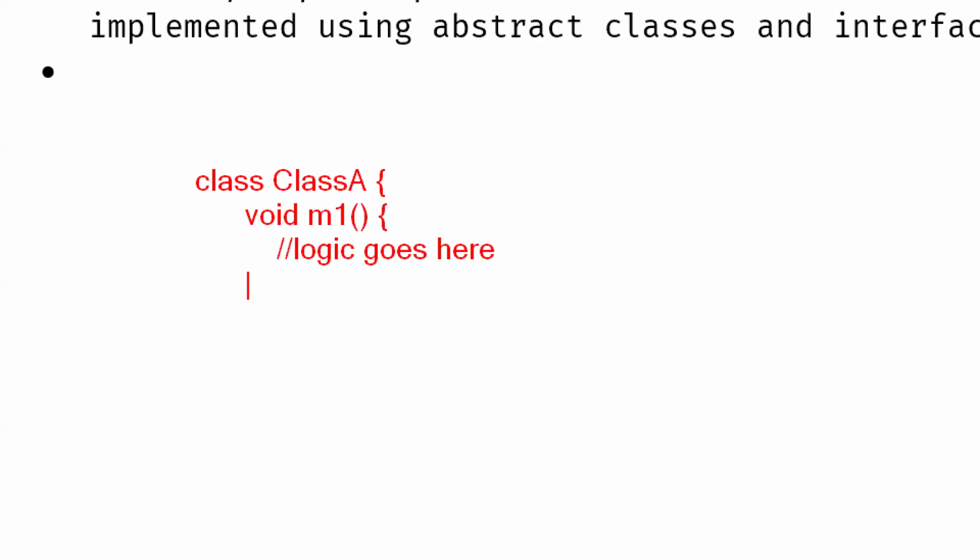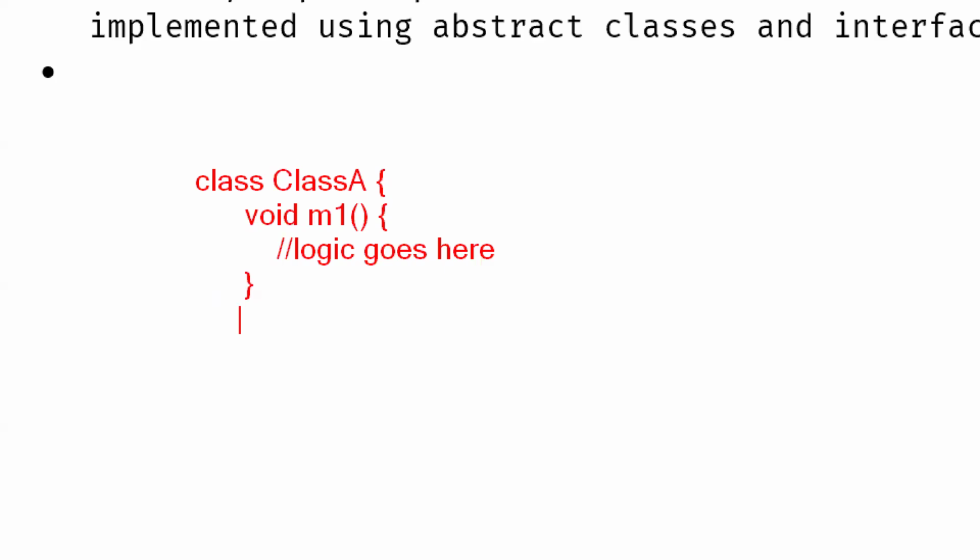Let's say I have a class A. Inside this, suppose I create a method like this: void m1, open the curly brace, some logic goes here, then close.